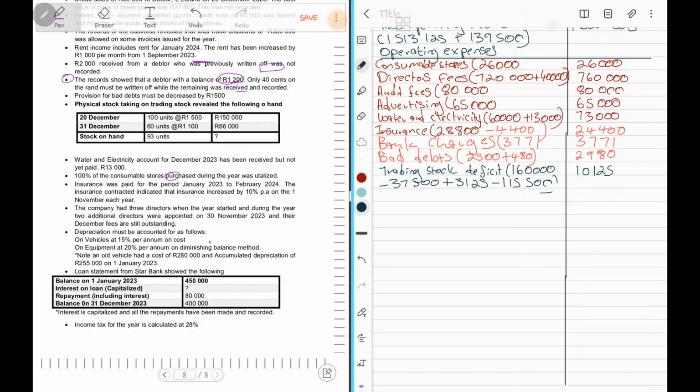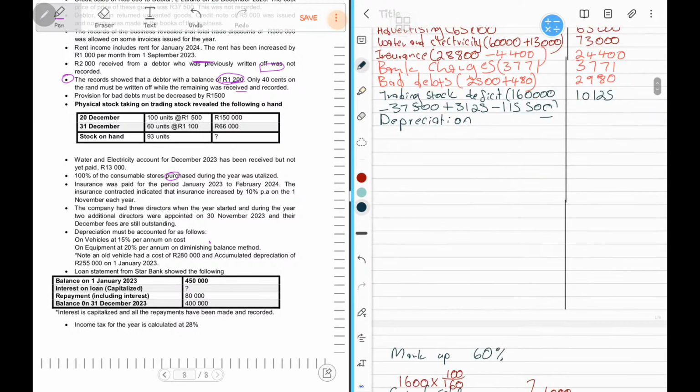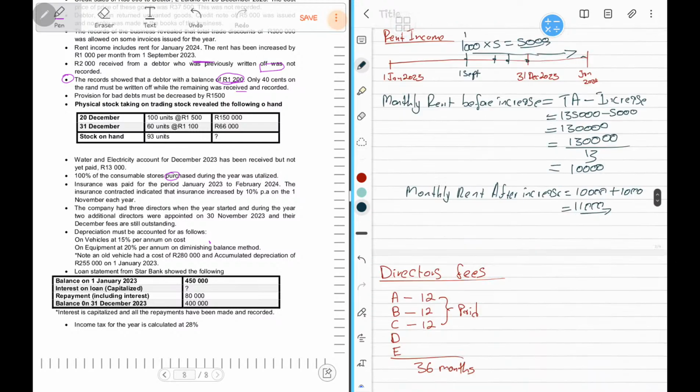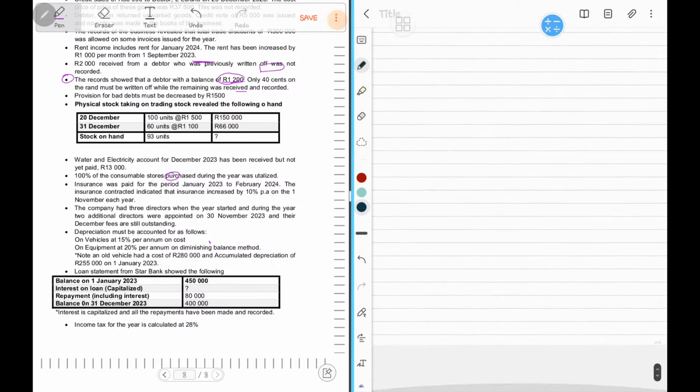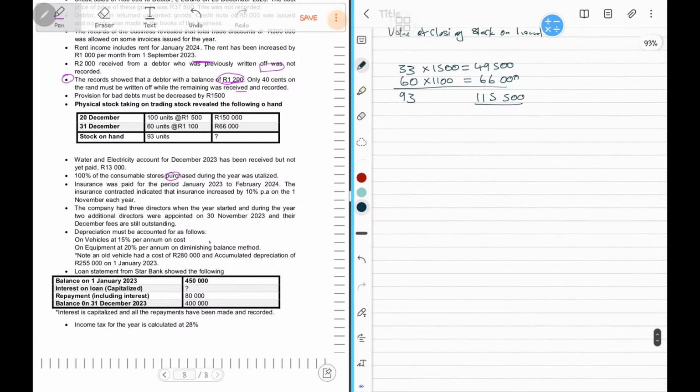Okay, then the next one, it will be the last expense, which is depreciation. So for depreciation, that is where we are going to see some things happening.